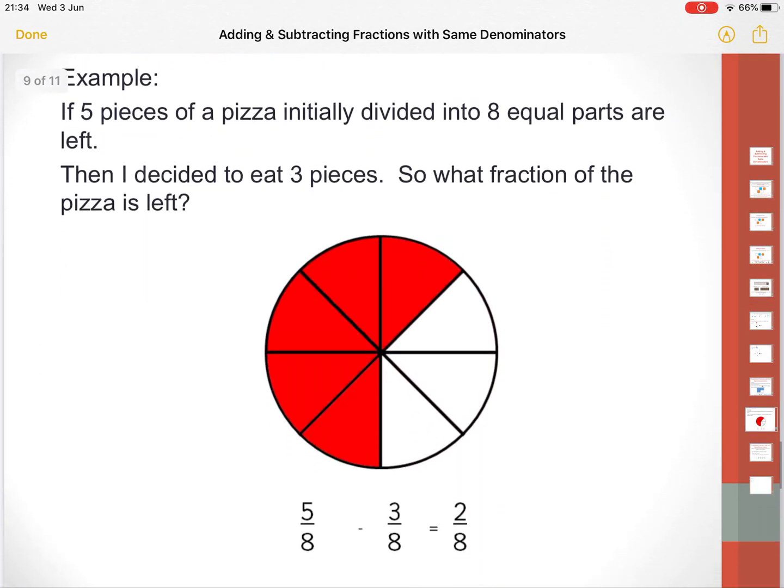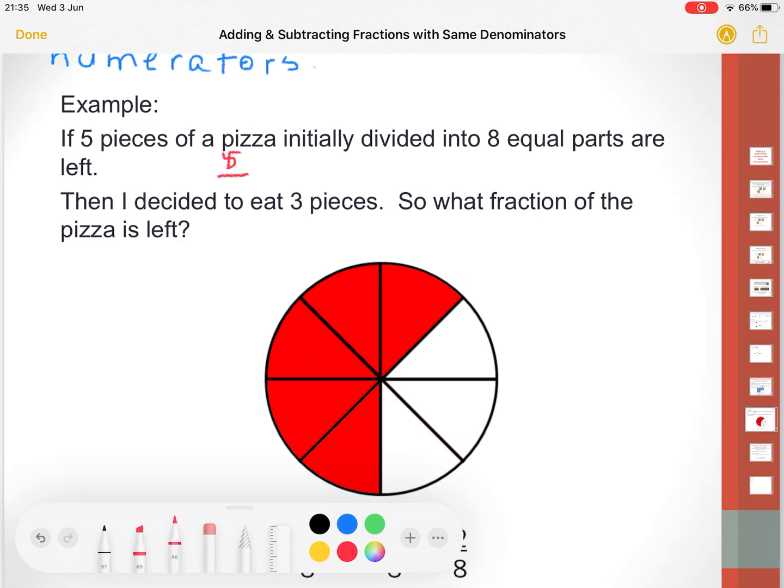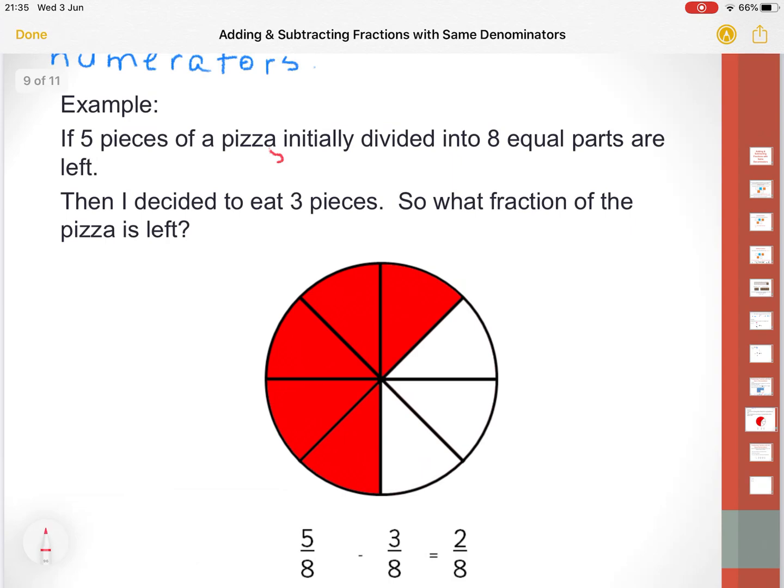Let's discuss another example. If 5 pieces of a pizza, okay, which are colored in red, right? If 5 pieces of a pizza initially divided into 8 equal parts are left, all right? So initially 5/8 of the pizza, 5 out of 8 are left.